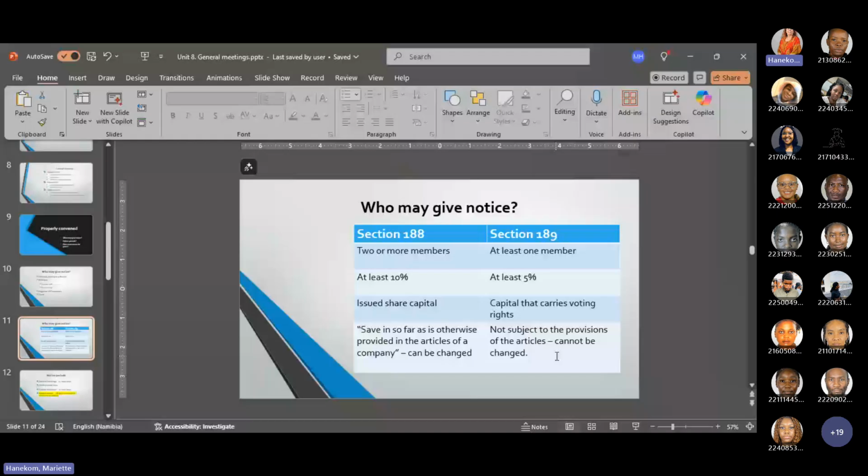So in this instance, if there's any question or any reference in the case study to preference shares, you will have to make a decision as to whether these preference shares under the particular circumstances carry voting rights. Preference shareholders do not have a general voting right. They may only vote if their dividends are in arrears or if the decision directly affects their class rights.